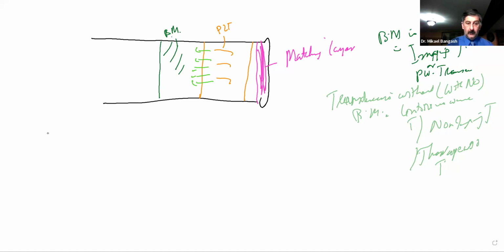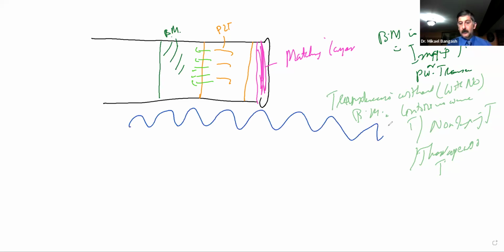Instead of having a continuous sound wave being produced, due to the absorption it is going to be just a couple of cycles and then a pulse and then a break, and a couple of cycles, then break. Right? Did that make sense? So due to the presence of backing material, the transducer will be firing in pulses.